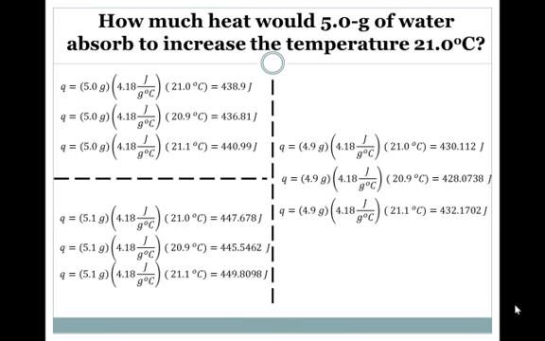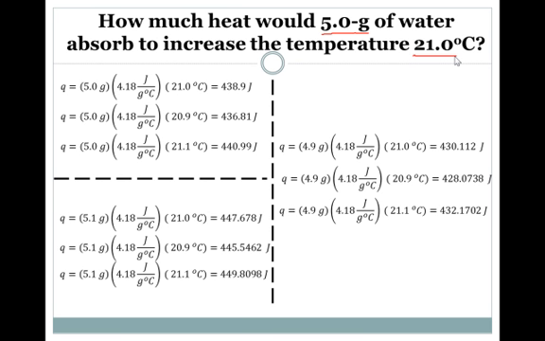We have two measurements in this problem, 5.0 grams and 21.0 degrees Celsius. For 5.0 grams, the 0 in the tenths place is estimated.